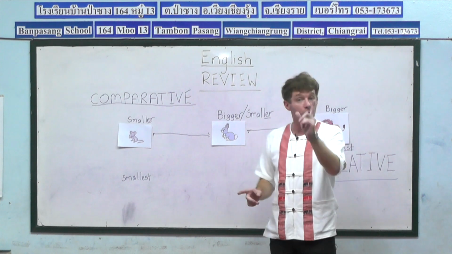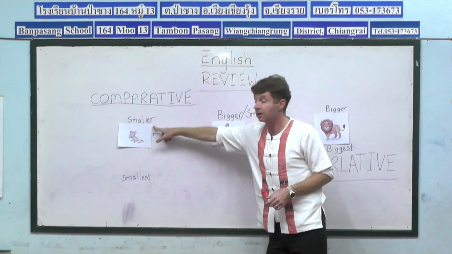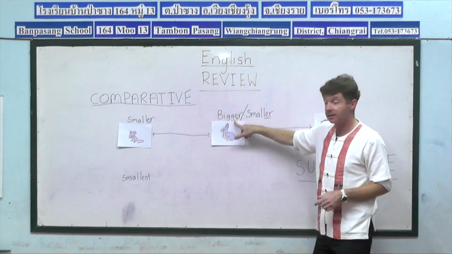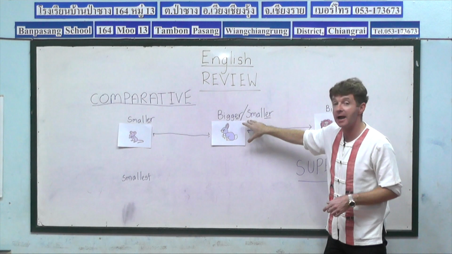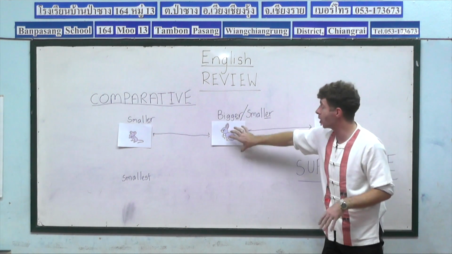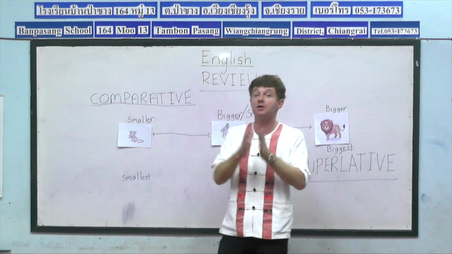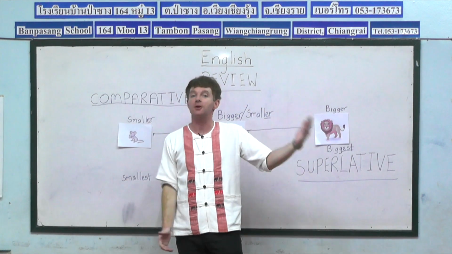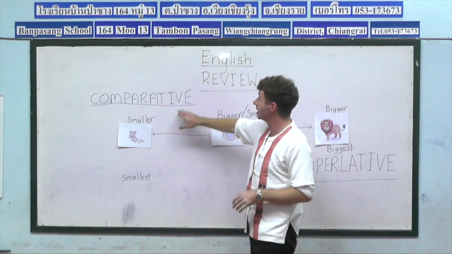Superlatives. But comparatives, smaller, bigger. You see, when we're comparing, we can use bigger or smaller with our middle animal. But for superlatives, we can only use the top end and the bottom end. So one more time to practice speaking, guys.